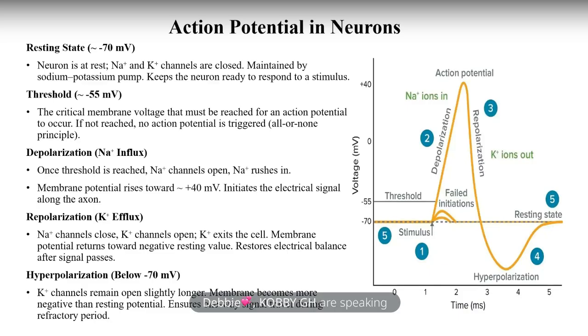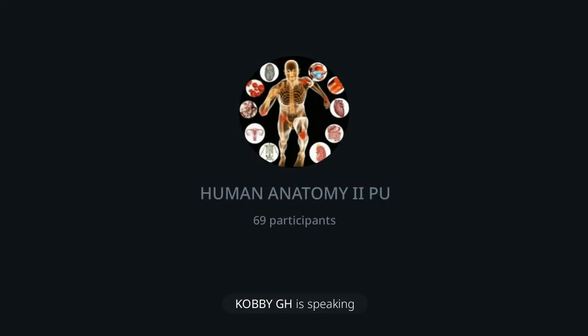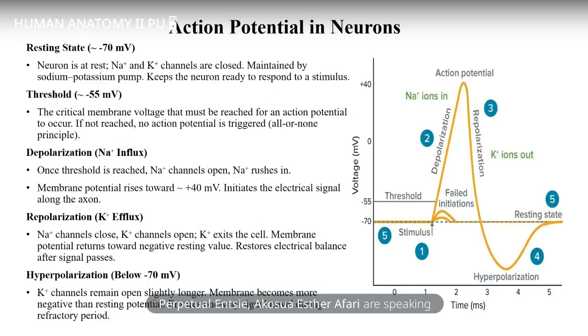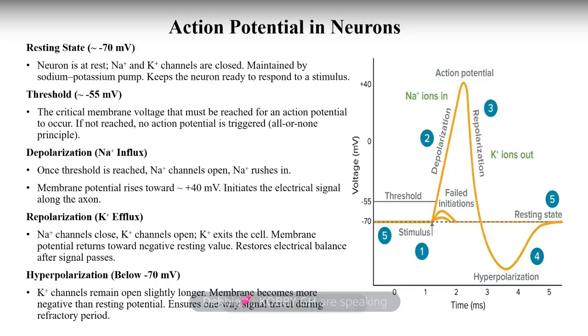What makes the inside of the neuron positive? The presence of the sodium. When will the inside become positive? Oh no, the answers you are giving are completely off.